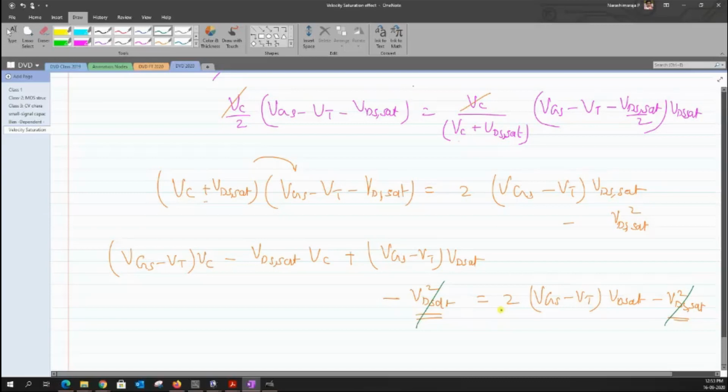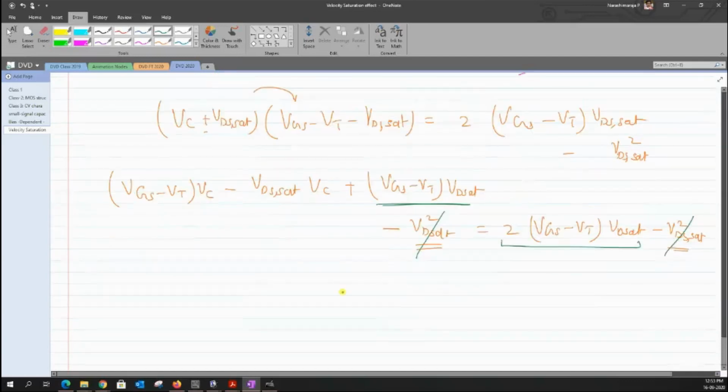Yeah, so certainly there is one particular term, and this term VGS minus VT times VDS can actually get merged with this expression towards the left side. So you would have VGS minus VT VDS sat.